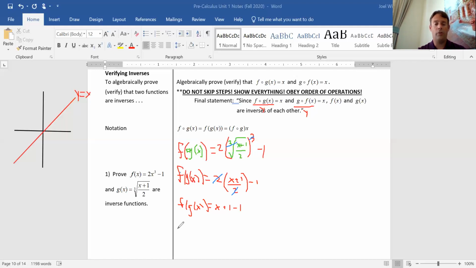And with the ones now, we can go ahead and cross those off, and we end up with f of g of x equals x. So we can look to try to cancel out, excuse me, one thing at a time. And when we do that, we're left with just a single x.